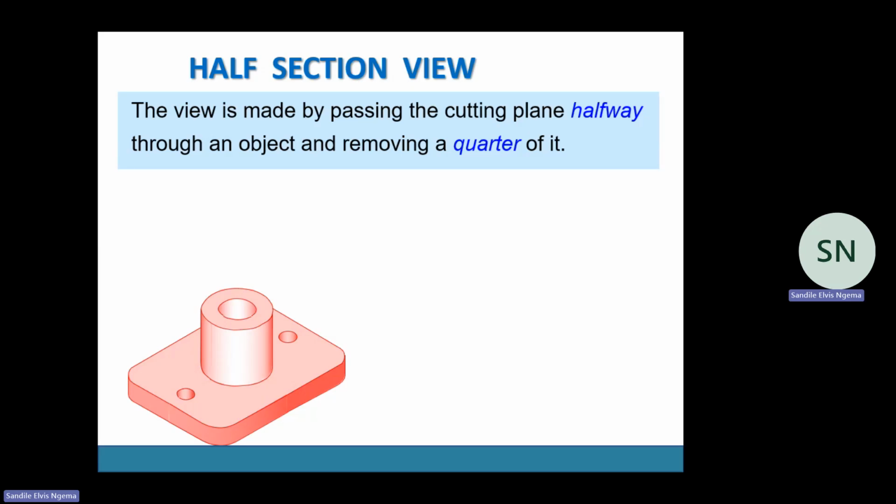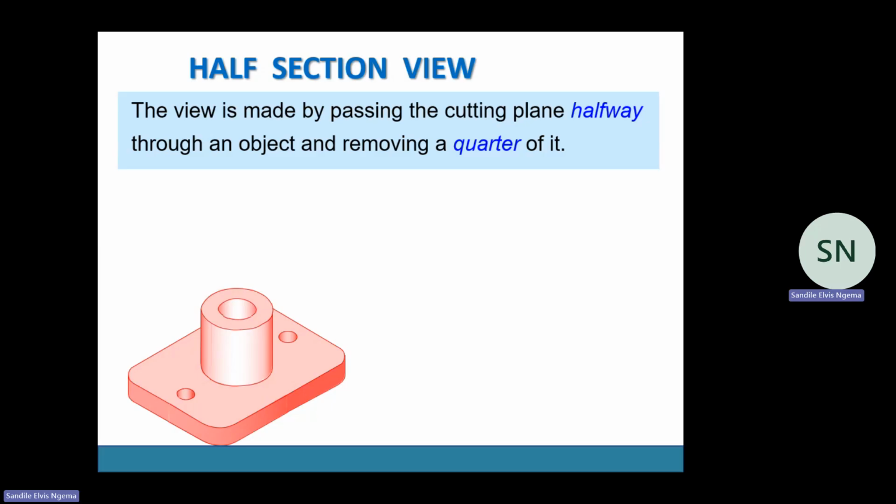And once you have mastered sectional drawing, it's easy for you to understand the upcoming chapter, which is assembly drawing. It becomes easy as well for you to adapt in the last chapter, which is detailed drawing. So let us make sure that we do understand all the basic concepts of a sectional view.